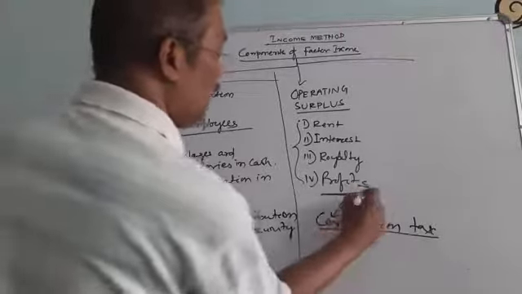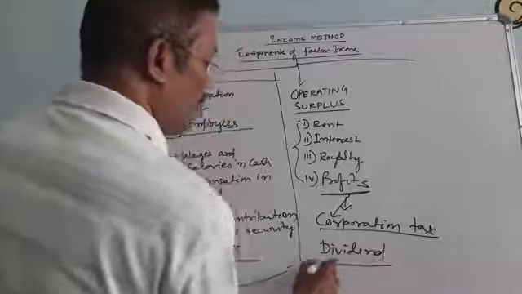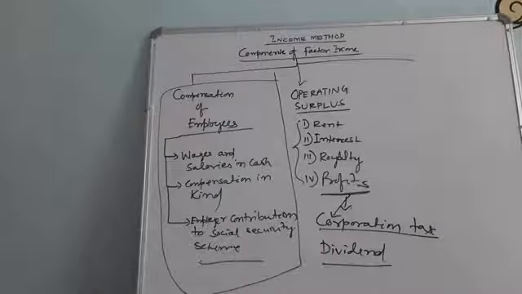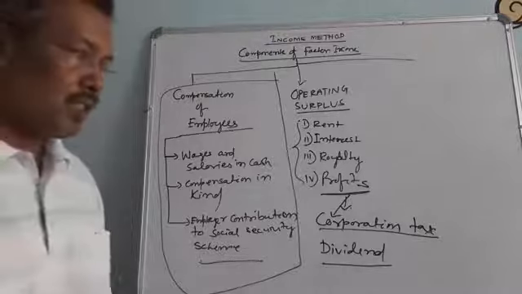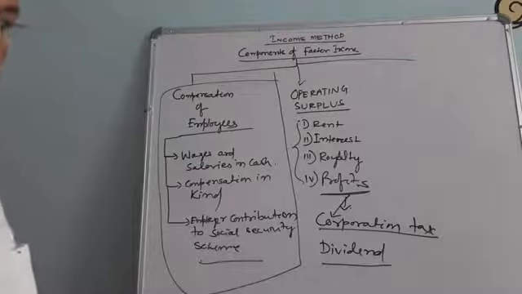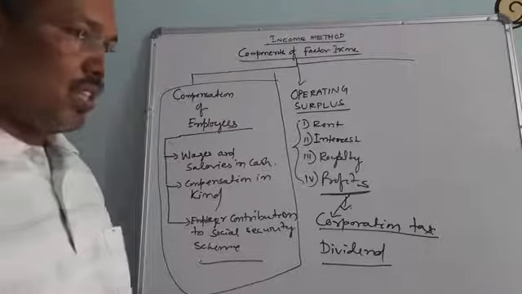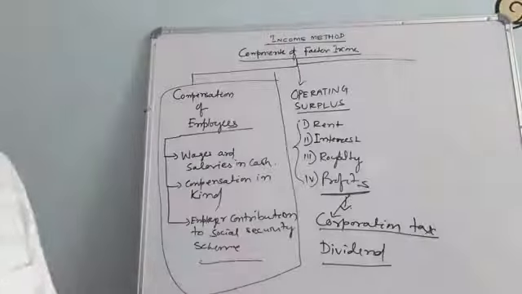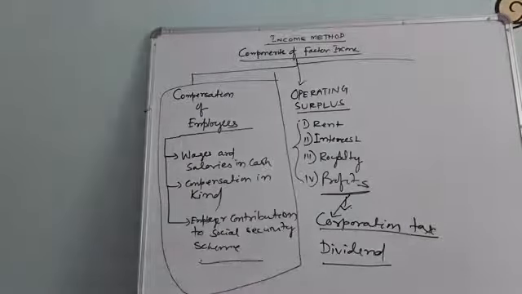And second part is dividend. We have already known the meaning of dividends. Whenever the shareholders invest their capital in the business, they also need profits. So part of the profits is distributed to these shareholders, known as the dividends. Corporation tax, dividends, and last one, undistributed profits.